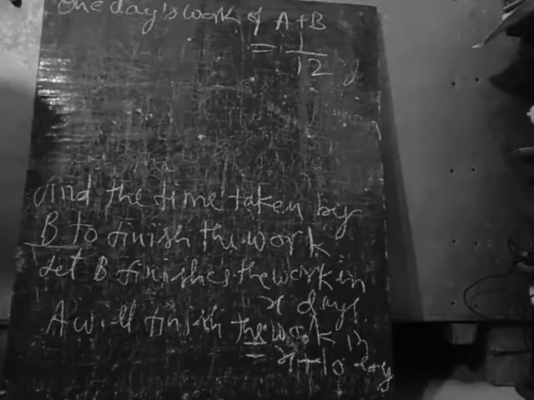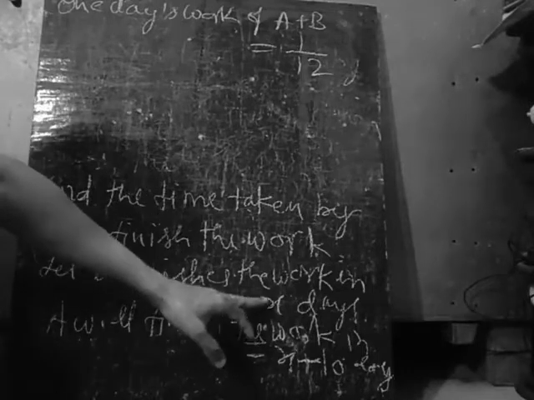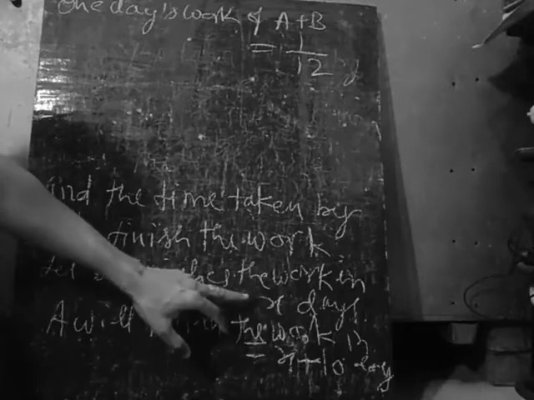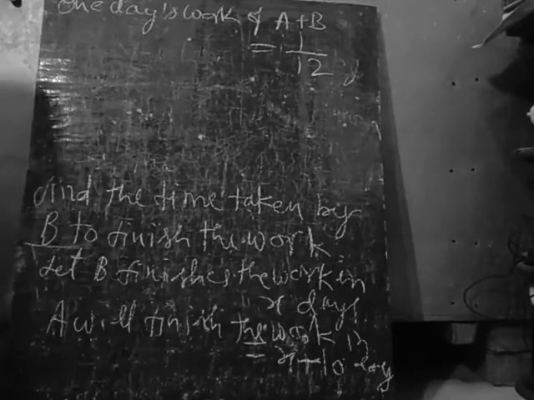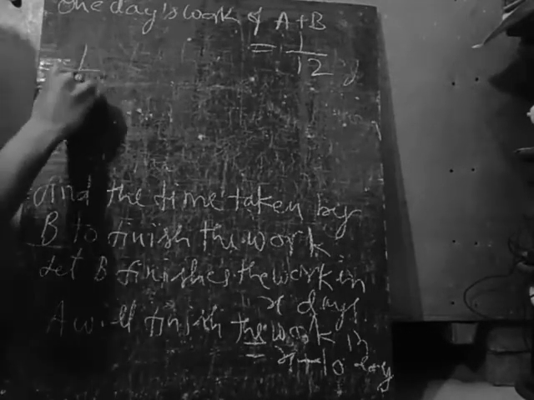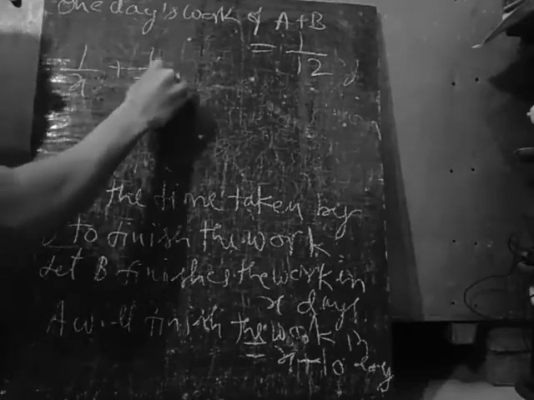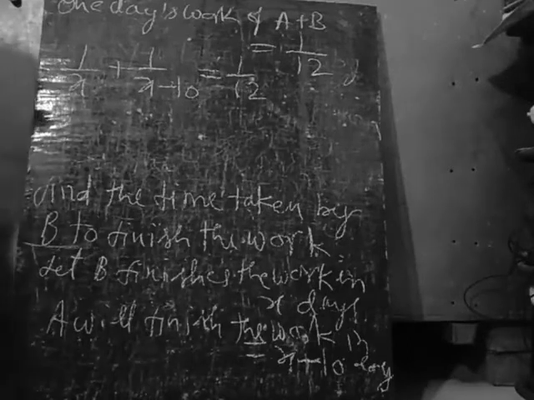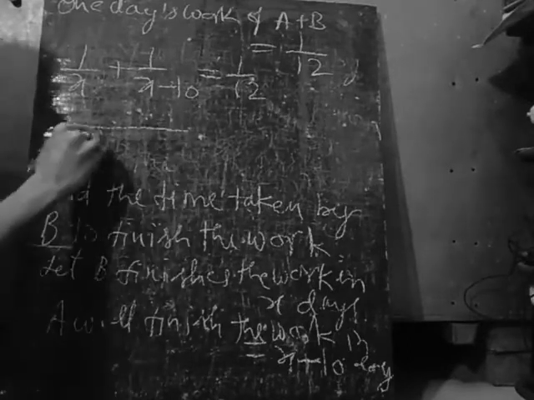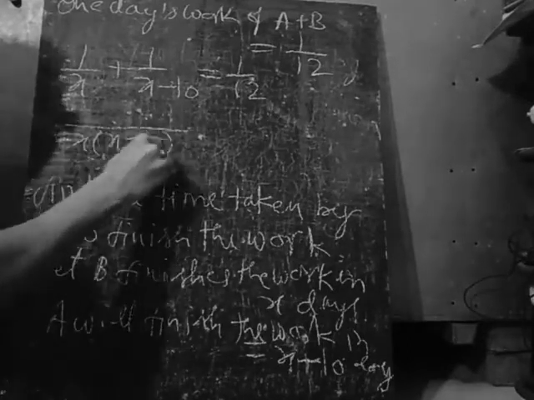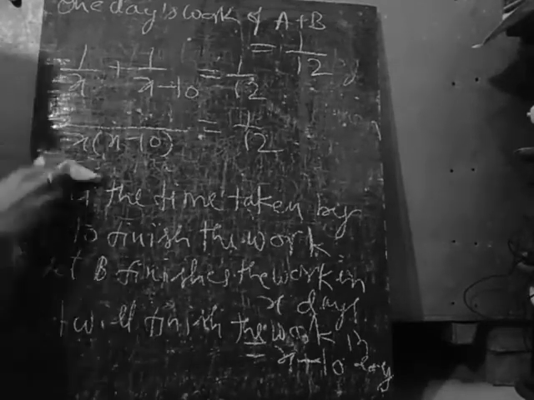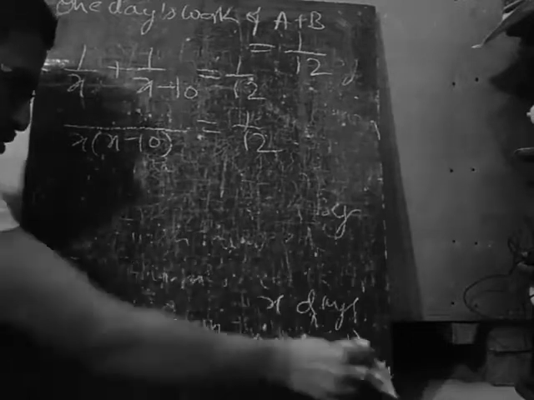So 1 day's work of A will be 1 upon x minus 10 and 1 day's work of B will be 1 upon x. So 1 upon x plus 1 upon x minus 10 is equal to 1 upon 12. Now, here we take LCM. So now we will solve this further.